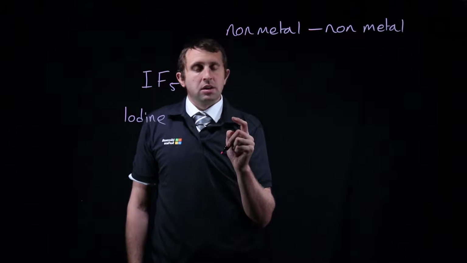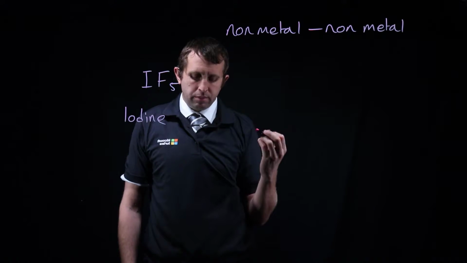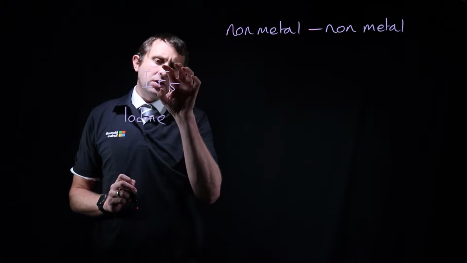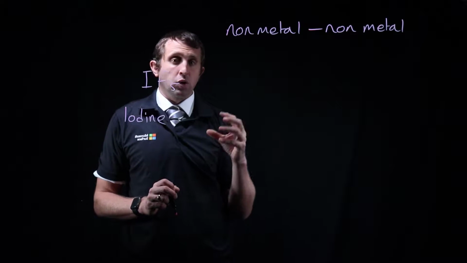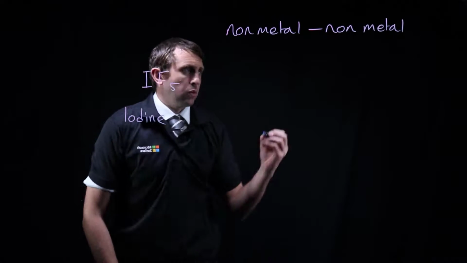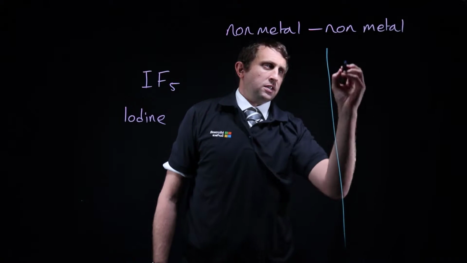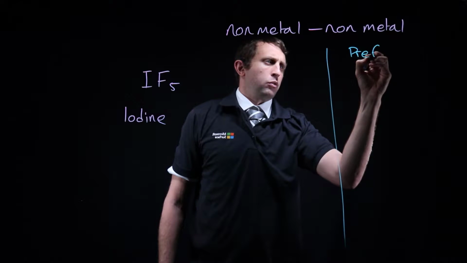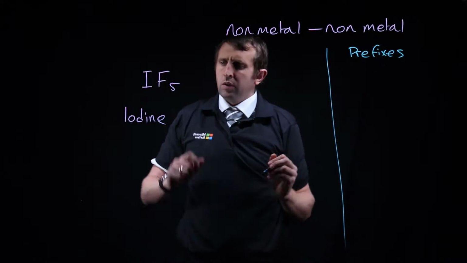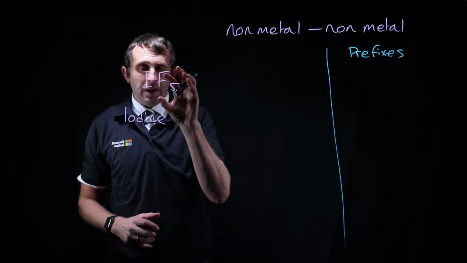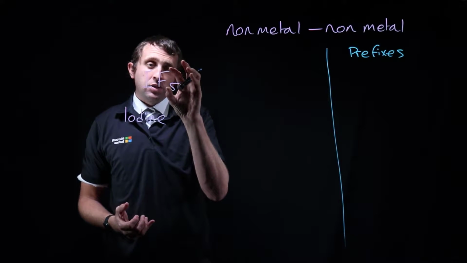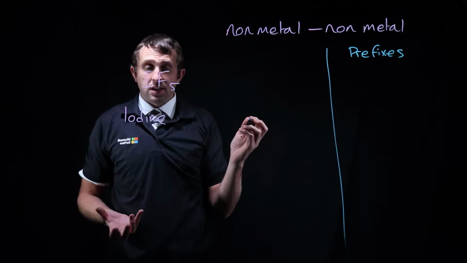The difference is we're going to use these things called prefixes. This one here, well, we've got 5 fluorine atoms going on here. So the prefix for 5 is penta.